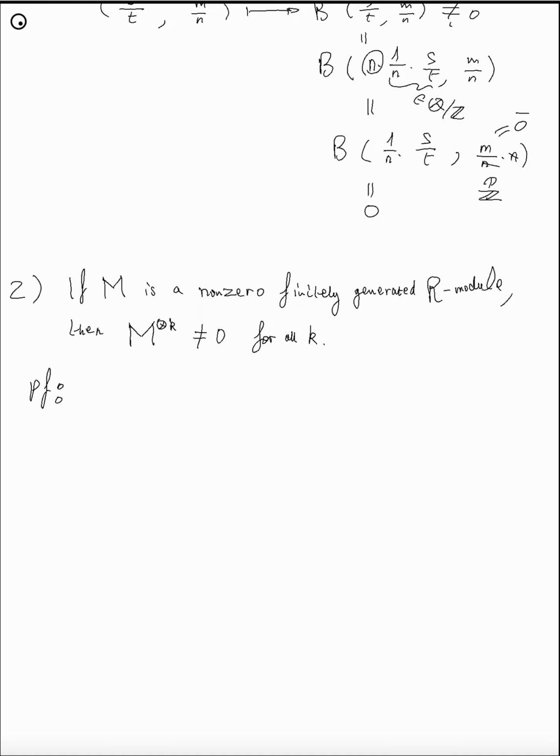So the proof actually is very tricky in my sense, but it works. Okay, so because this is finitely generated, suppose we write M as R e1 plus R e2 plus etc. plus R ed, with d the minimal possible integer.